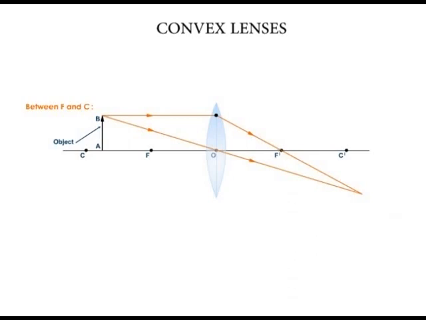The two rays are sufficient to locate the image, but you can still confirm with the third one. That is an incident ray through F which emerges parallel to the principal axis. The three rays intersect one another at a point beyond C.